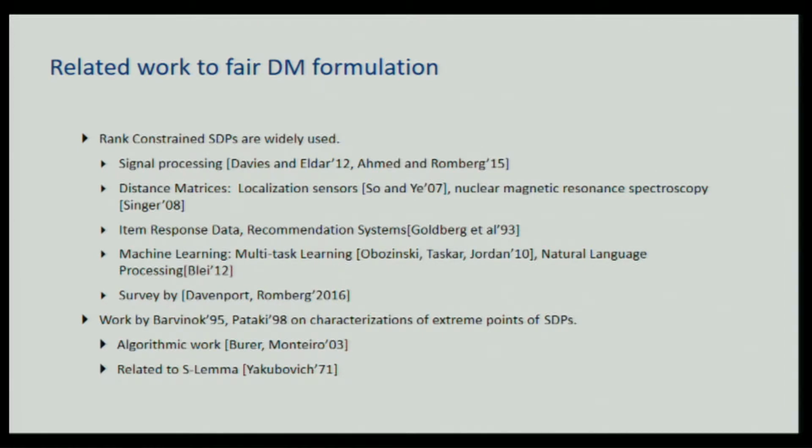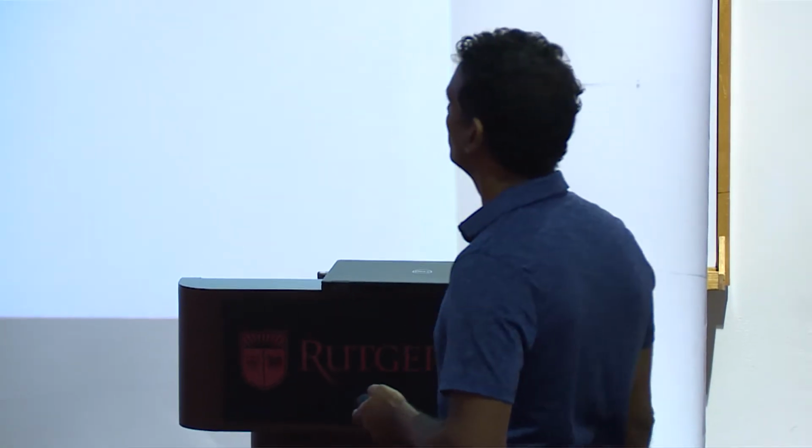And as we'll see soon, the approach we'll take is related to some classical results about semi-definite programs by Barvinok and Pataki, and an even earlier result called the S lemma, which lets us verify whether a family of quadratic inequalities is true. So we'll come up with that.